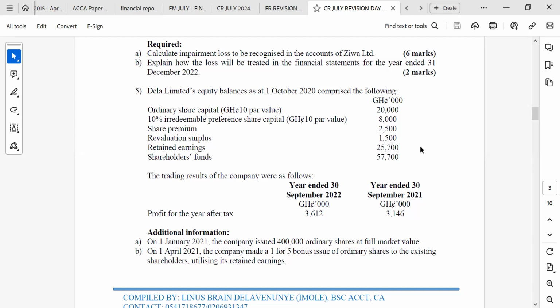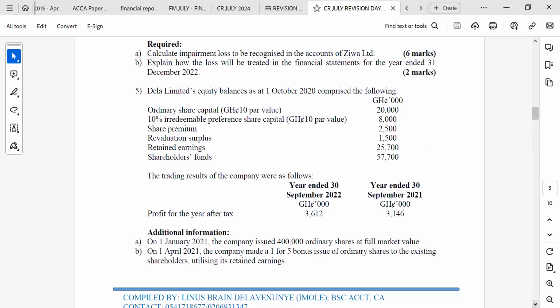Share premium, 2,500. Revaluation surplus, 1,500. Retained earnings, 25,700. Shareholders' funds, 57,700.